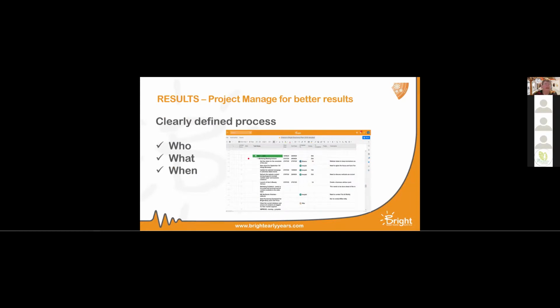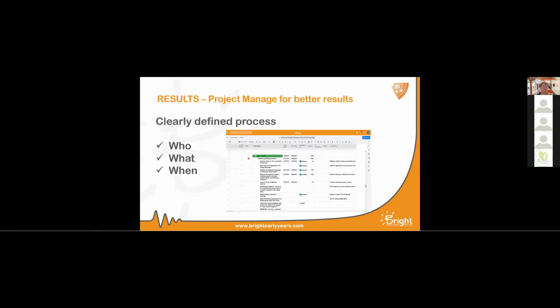So when we're thinking about what results we want to get, this is our SMART sheet here. If we want to improve something, it's got to have an owner. Somebody's got to take responsibility for that, managing it as a project to create those better results.